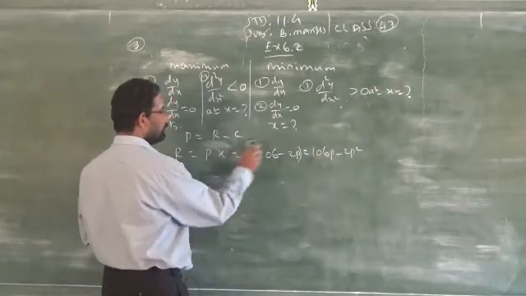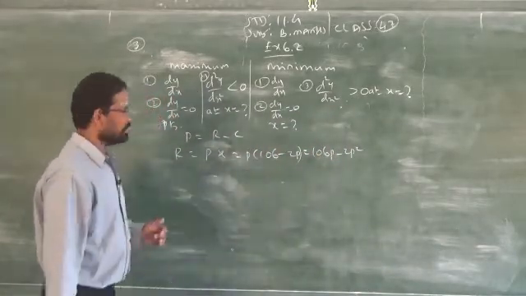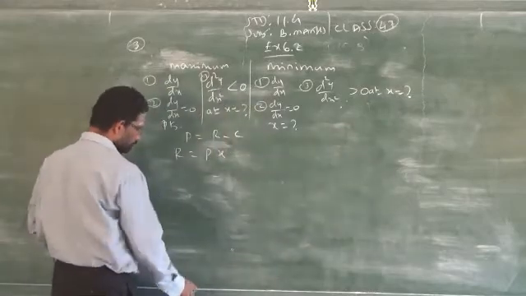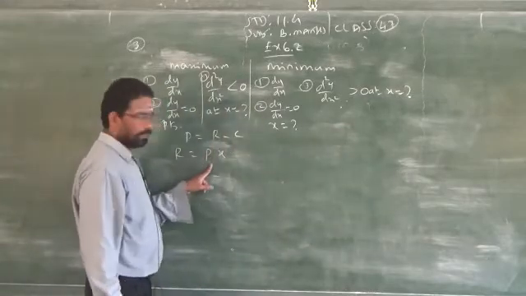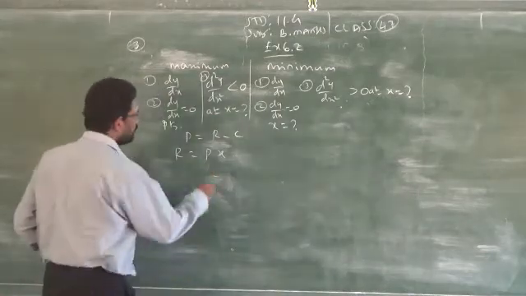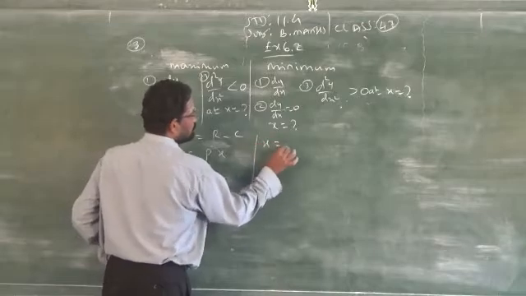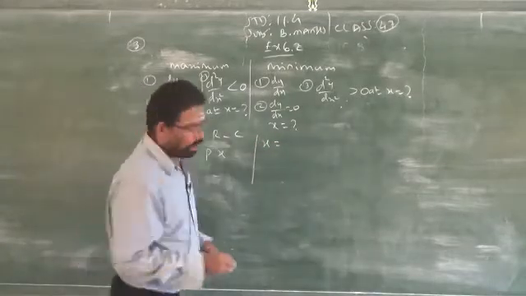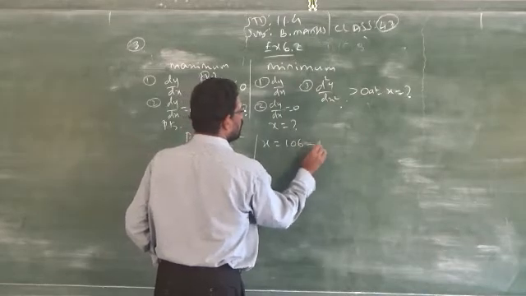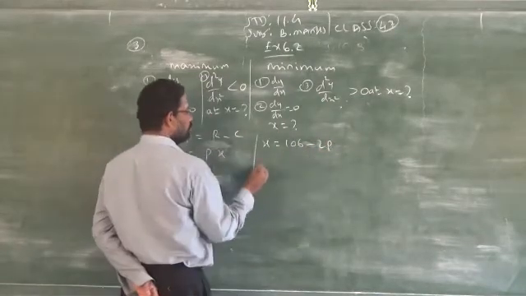Therefore, if you write it like this, your answer is wrong. You will never get the answer. So for that you have to replace P. P is not given straight away in the question. It is given X is equal to 106 minus 2P. So you have to find P.